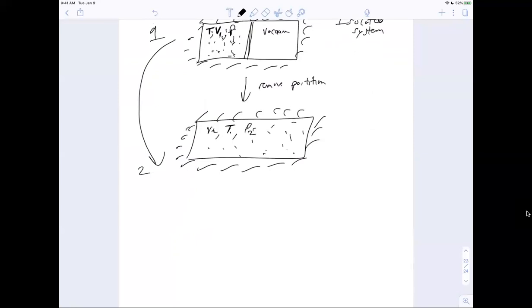So what we're going to do is construct a reversible path from state 2 back to state 1. Now we could do it either way. We're just going to do it from state 2 to state 1.